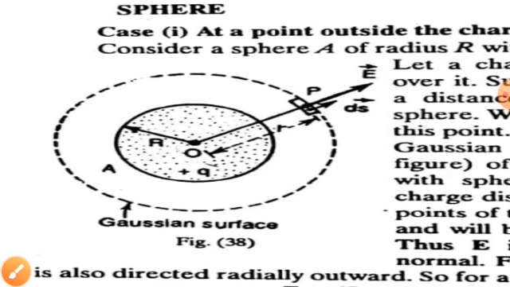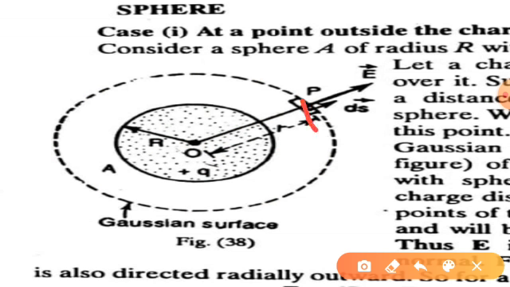For that, take the small area at a point P, which is ds. Draw the perpendicular to it. It is ds bar. Electric field is always away from the positive charge, so it is always outward. So the angle between E bar and ds bar is 0.